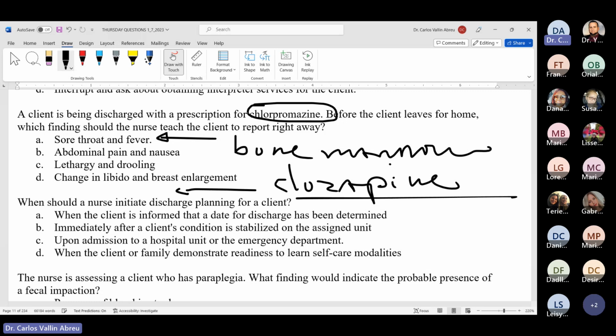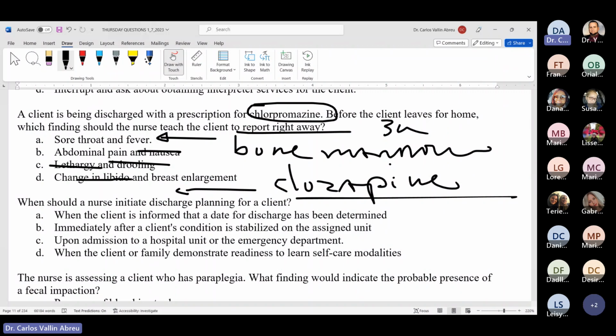Okay, so for strategies, nobody's going to die. Report right away, 3 a.m. Doctor, I'm so sorry for calling you at 3 a.m., but I have nausea, I'm drooling, and I'm sleepy, or I don't have libido.